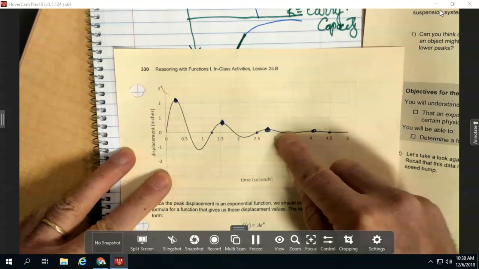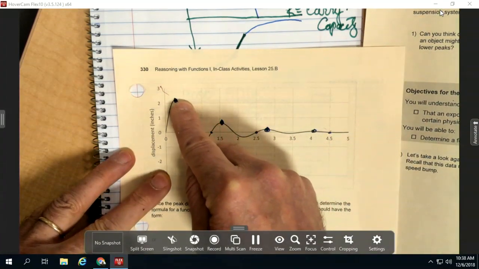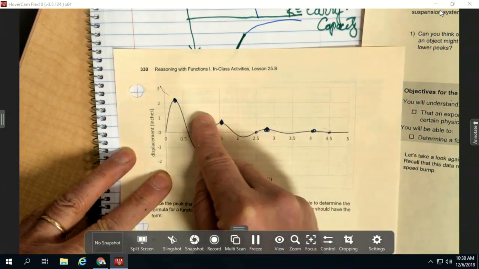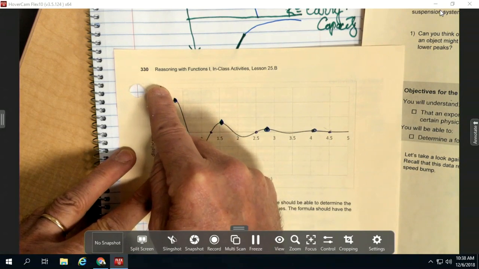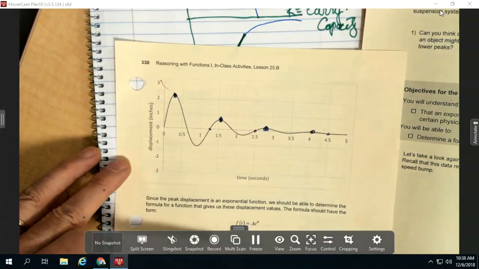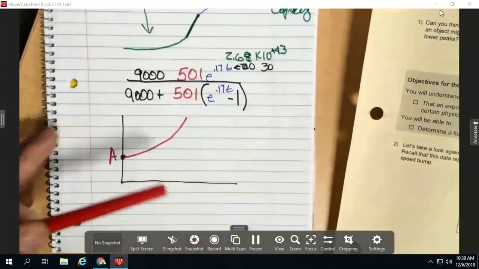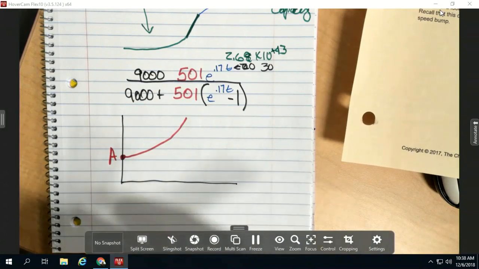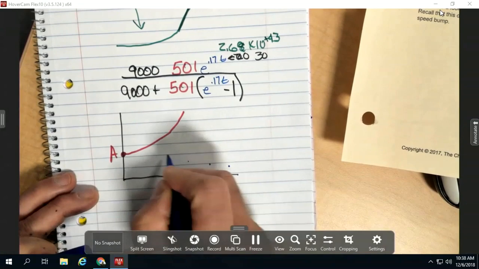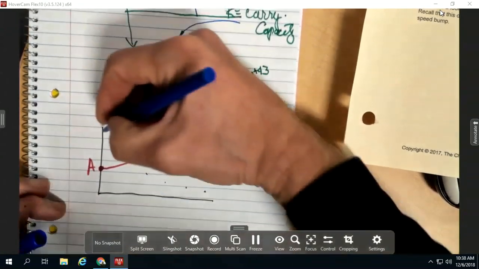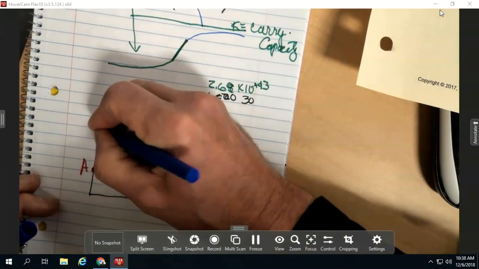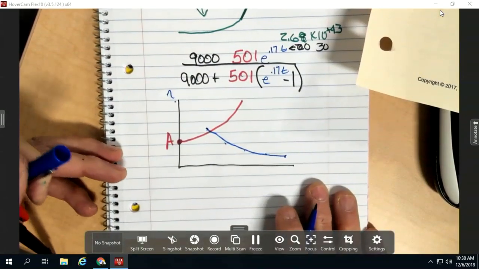So if you take these high points and you back upwards, where does it look like you're going to cross the y-axis? At about 3, something like that. We're going to figure out, in this case, if we start here, here, here, here, and here, where do we cross the y-axis?